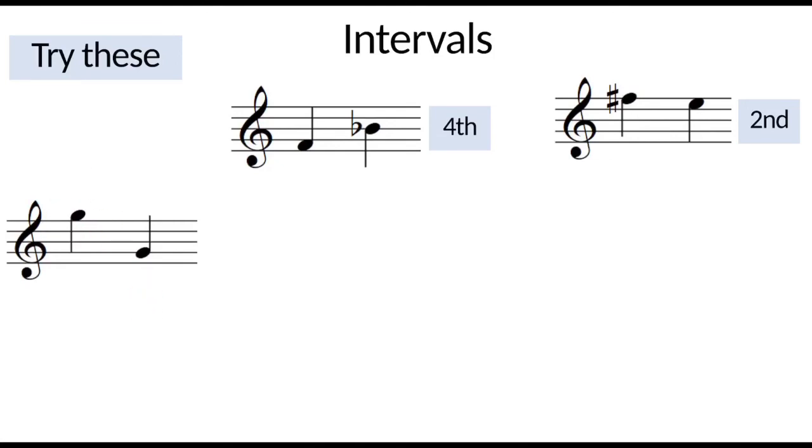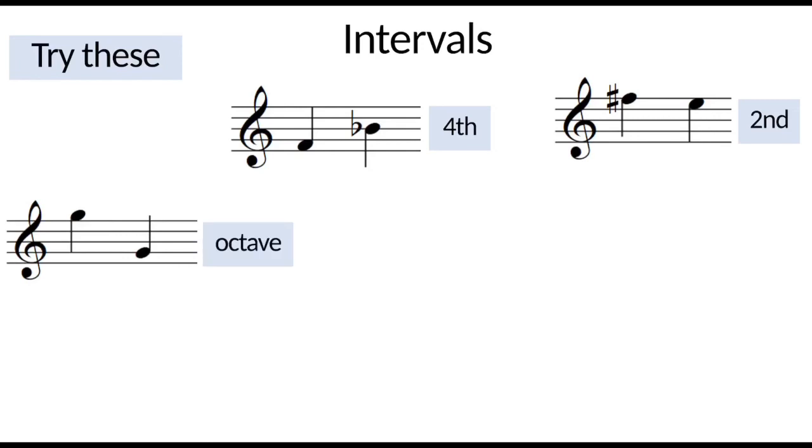But let's go through. G's number 1, A's 2, B's 3, C's 4, D's 5, E's 6, F's 7, and G is 8. And it's that one we're after. So there's 8 notes between this G and this G, and we call that an octave.